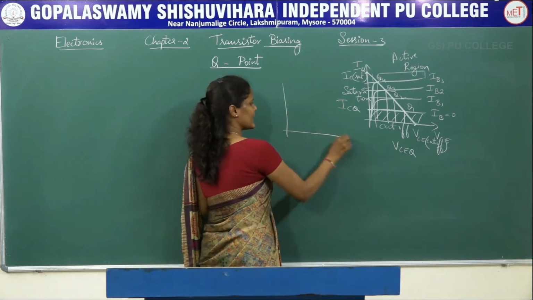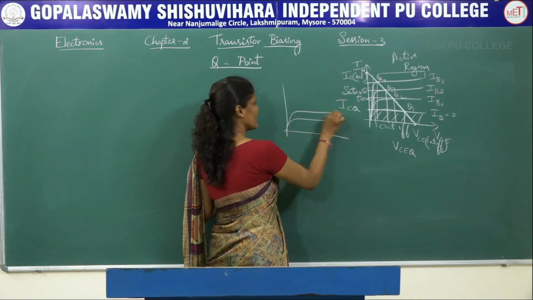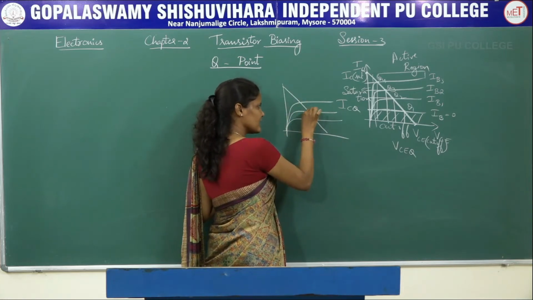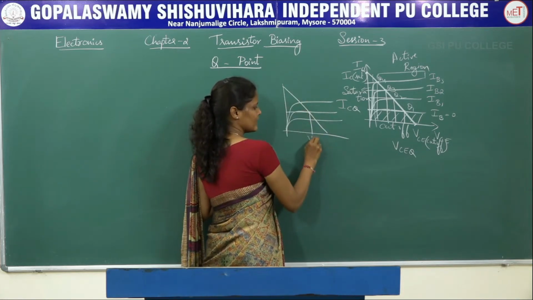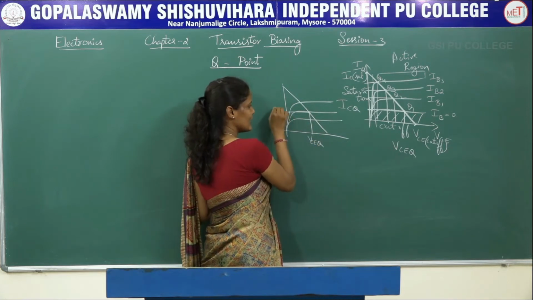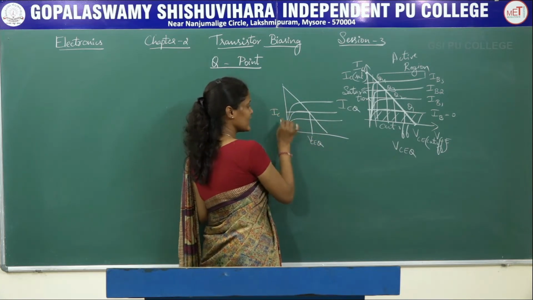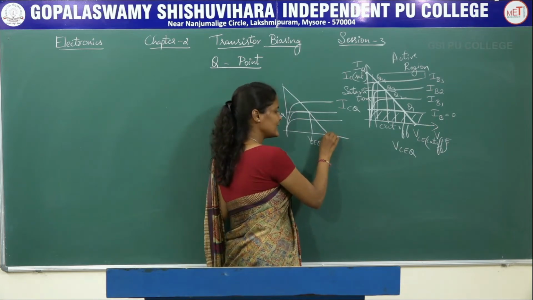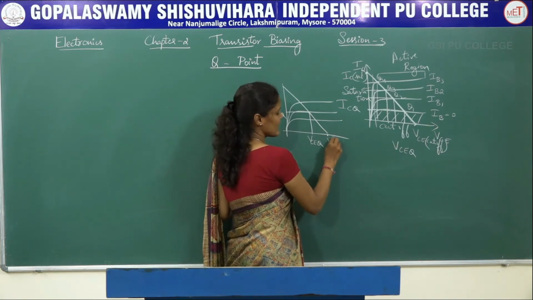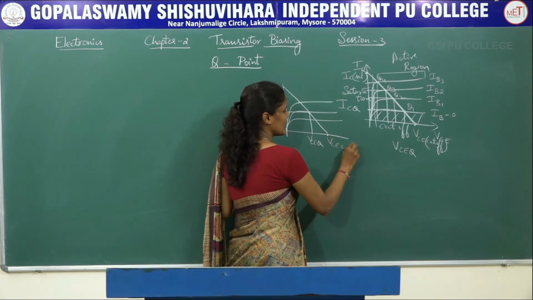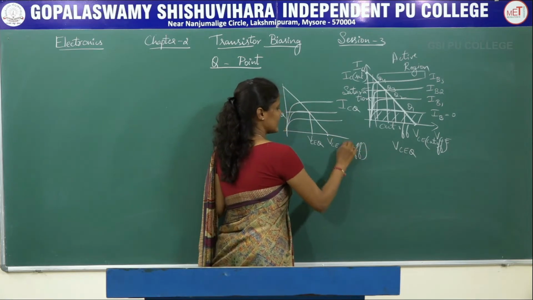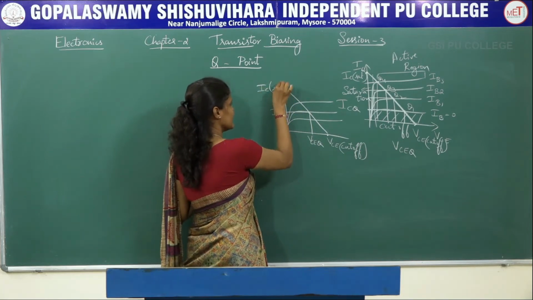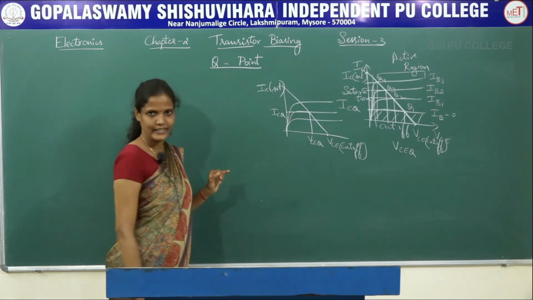If I consider any operating point separately, if this is the load line, if I consider this point, this will be called ICQ and this will be called VCEQ. But the ends of the load line will be named VCE cutoff and IC saturation or IC sat.